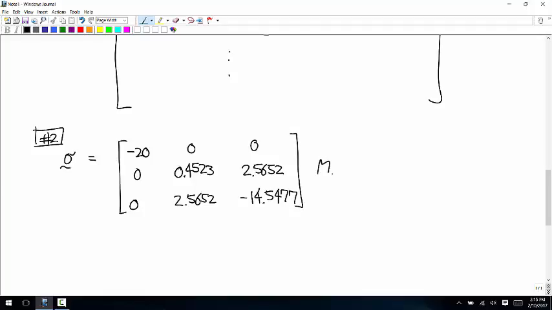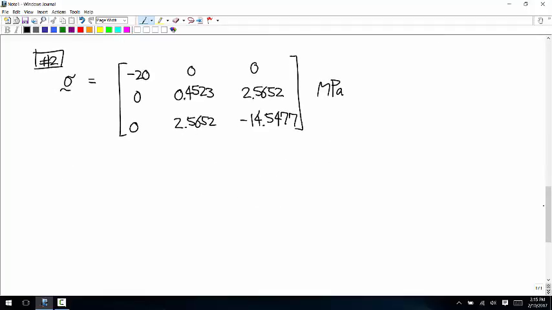And this is in megapascals, so if you wanted that in pascals, it would be all of this times 10 to the 6. And we're supposed to find the strain.